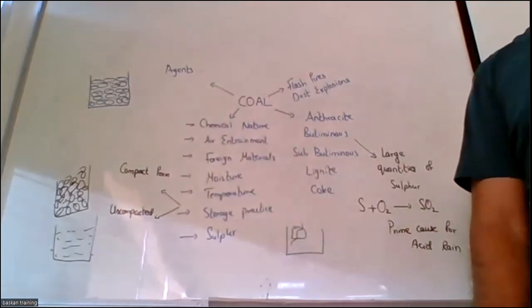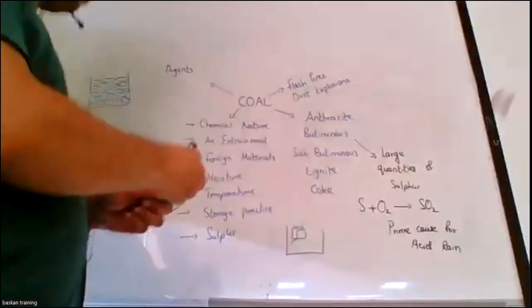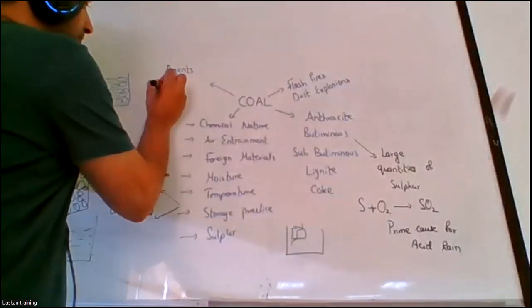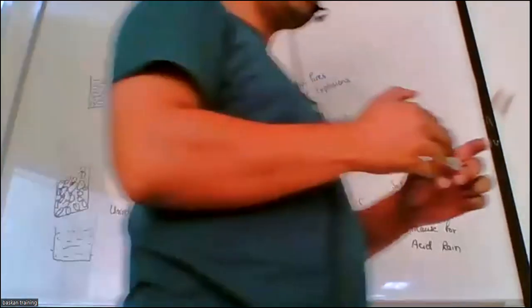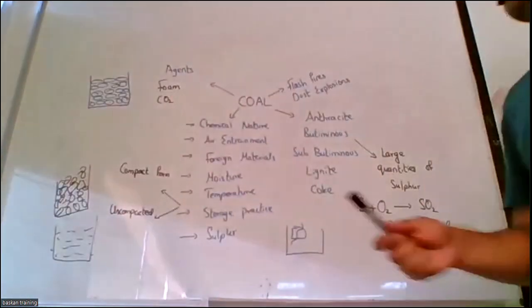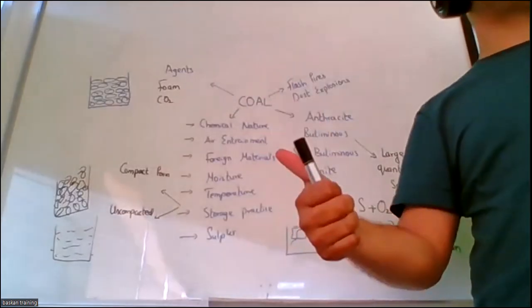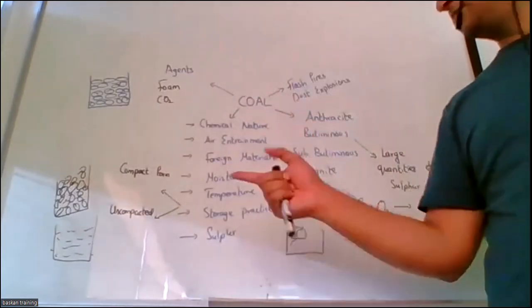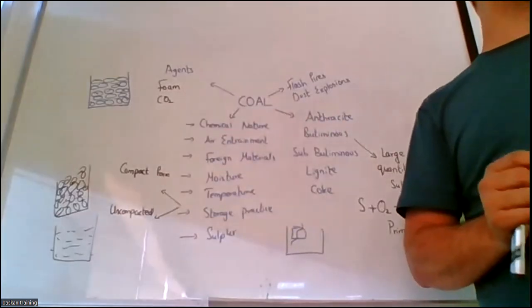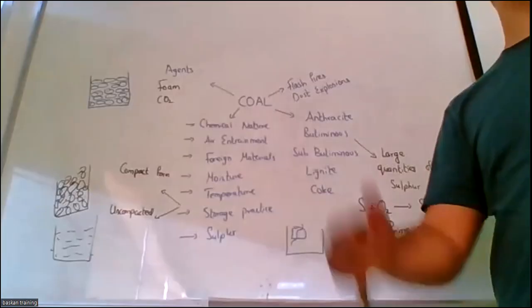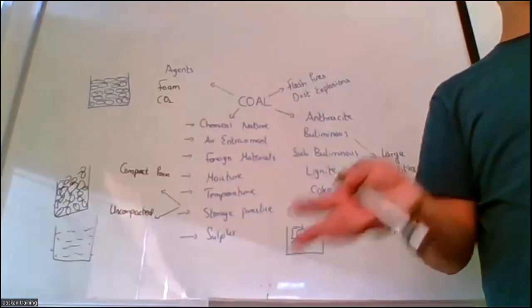Yes, we can use foam and we can use carbon dioxide. Anything that can absorb heat and anything that can displace oxygen, because majorly oxygen is what we want to displace. Dry air is the most oxidizing agent that is available.